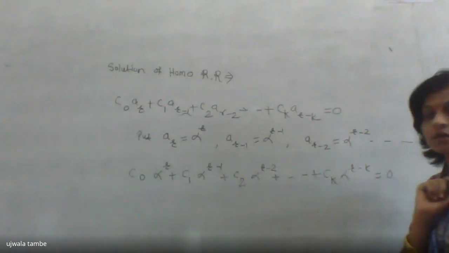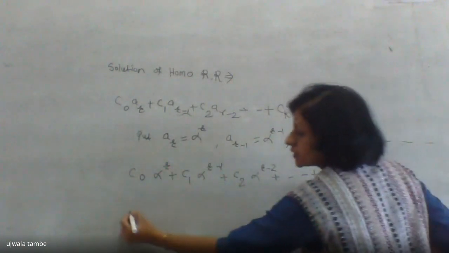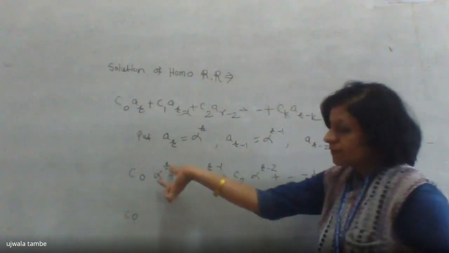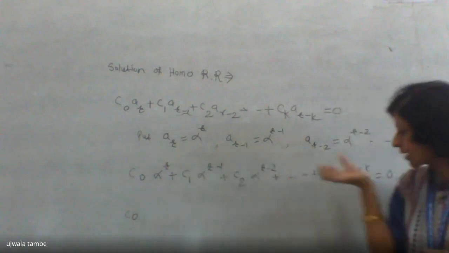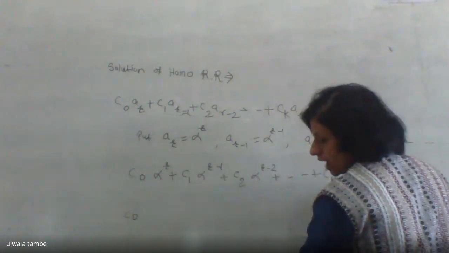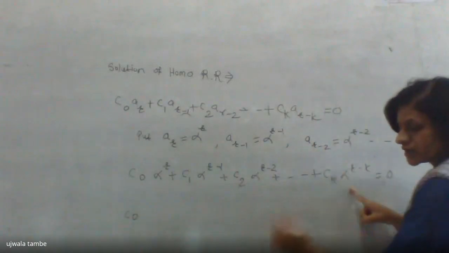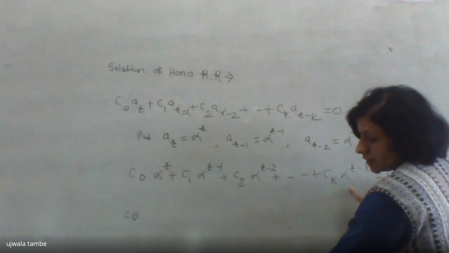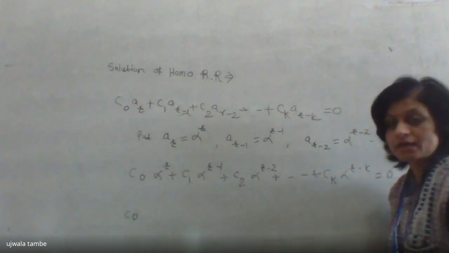Dividing through, that is C0 into alpha raised to r divided by alpha raised to r minus k. That is alpha raised to r divided by alpha raised to r minus k, means r minus r plus k, the r minus r will cancel.